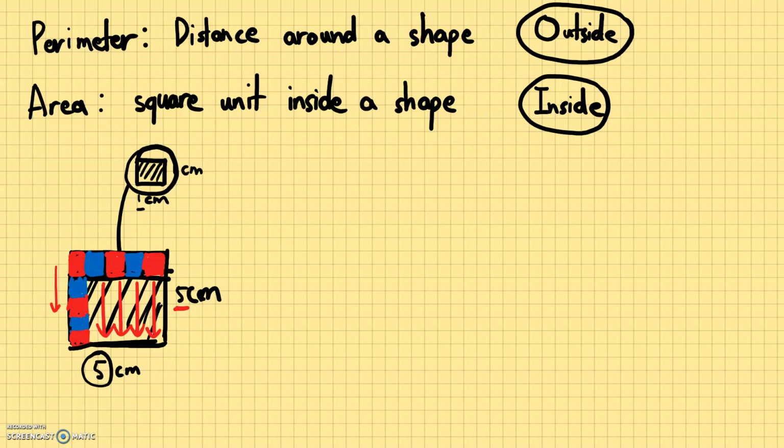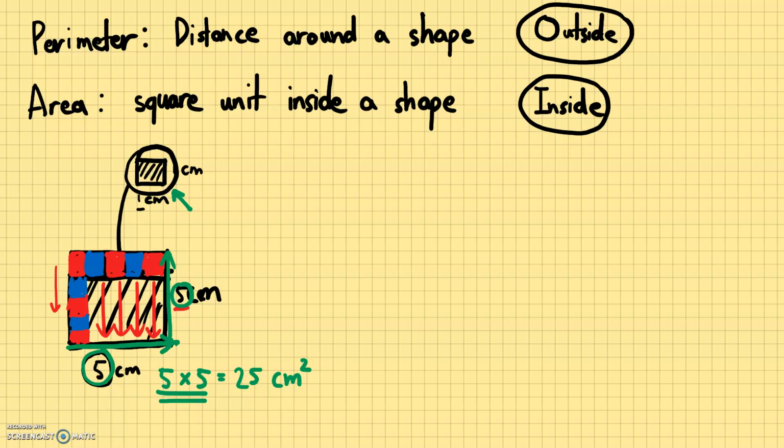And you can get that by simply multiplying this length, which is 5, by this length here, which is also 5. Okay, so to get the area, we're doing 5 times 5, which is 25. And the unit is going to be centimeters squared, because we're talking about squares now, not length, when we're talking about area.